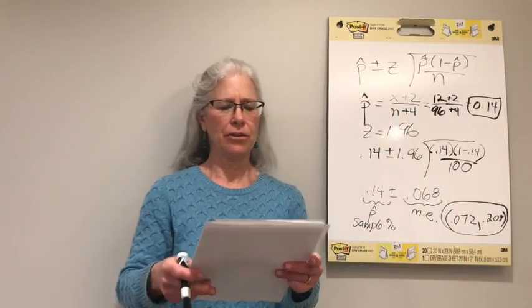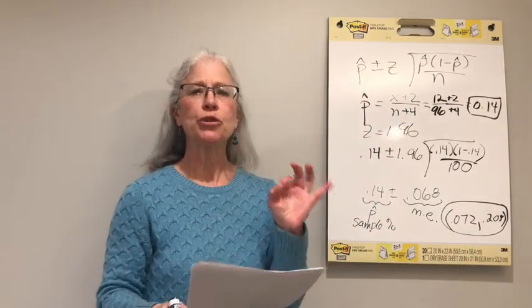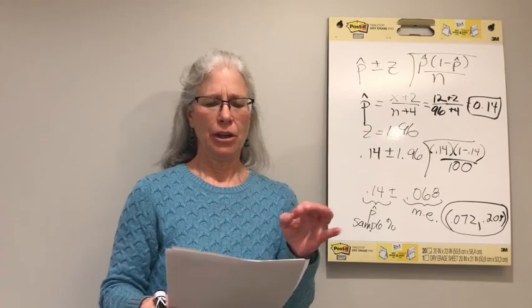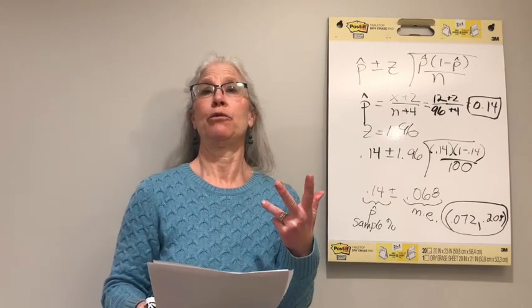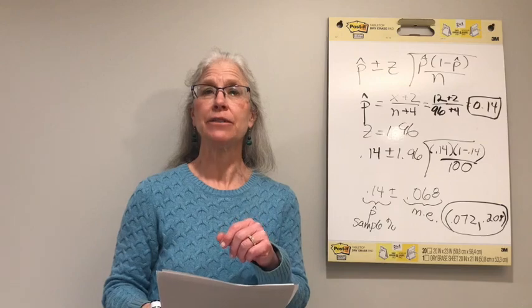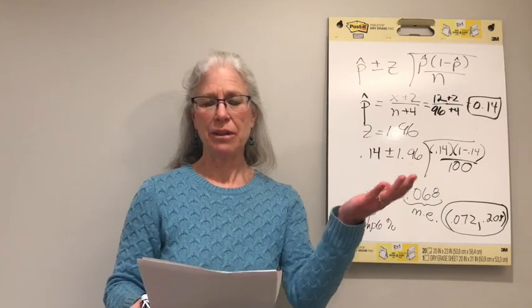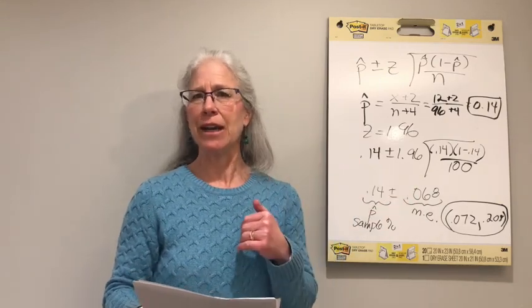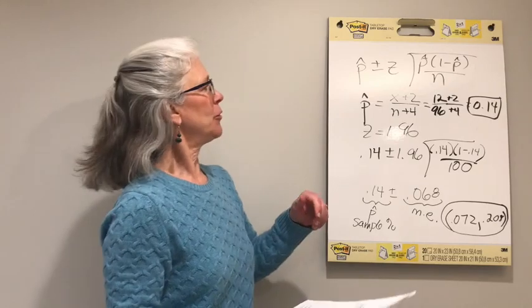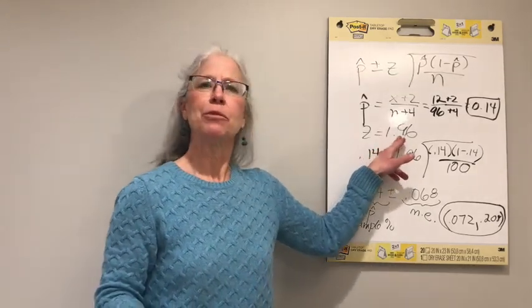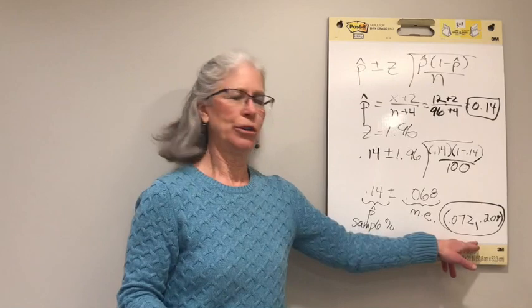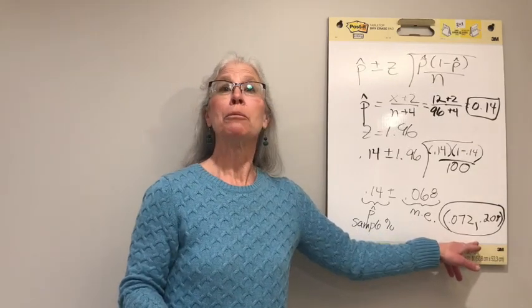To interpret that confidence interval, we ask for three things. One is, what is our level of confidence? So are we 90% confident, 95% confident, 99% confident? In this case, we are 95% confident that this interval catches the truth. We're never completely confident.